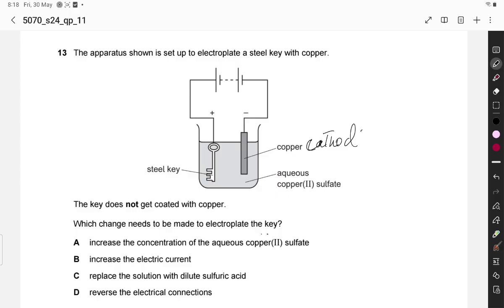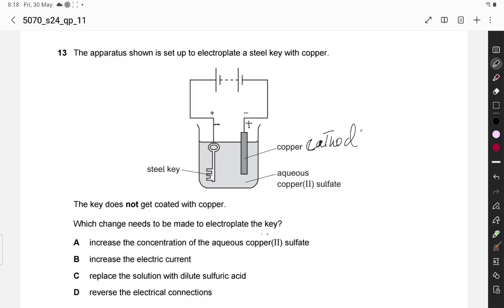So this is cathode. Instead of cathode, it can be anode. If it is anode and this is cathode, then the steel key will be electroplated with copper. So then this key will be coated with copper.